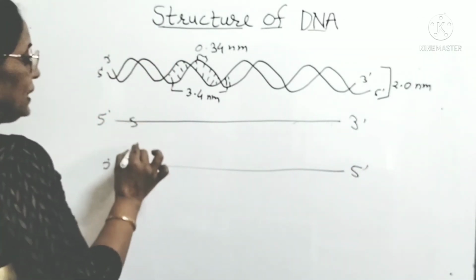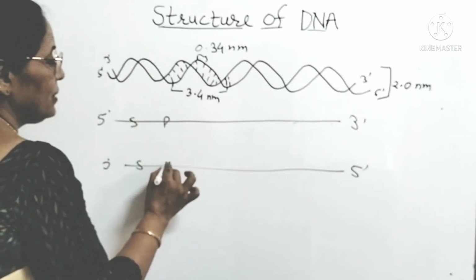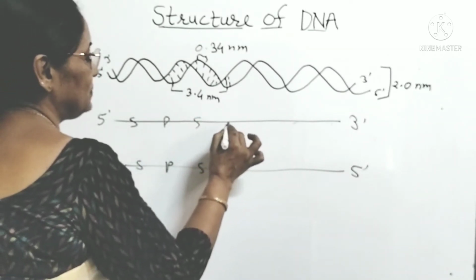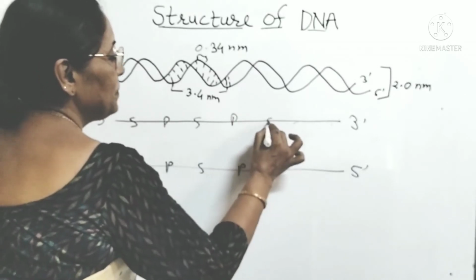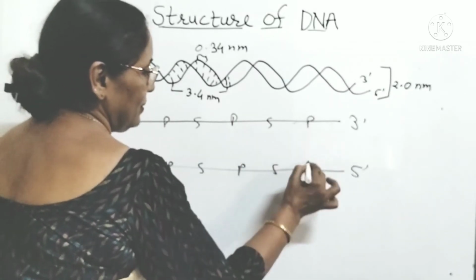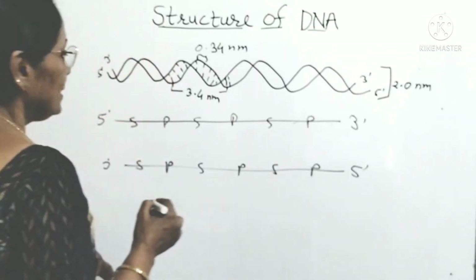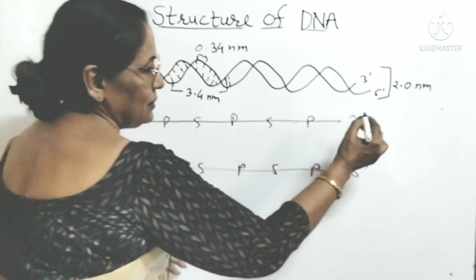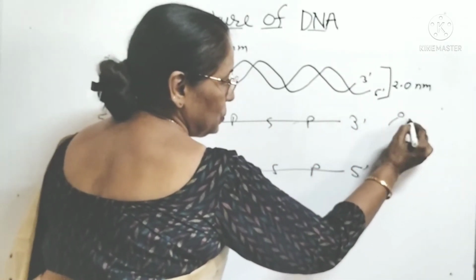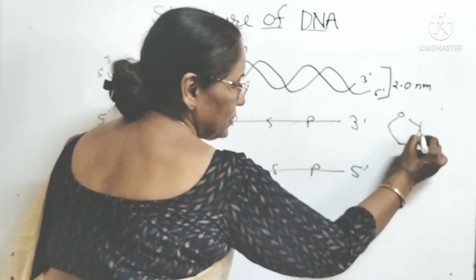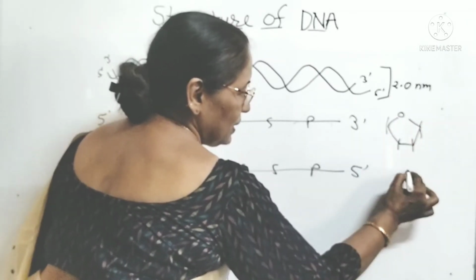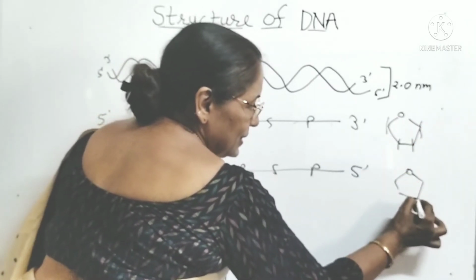So this is sugar, phosphate, alternately they are there. To understand this, here I am drawing two nucleotides joining together, which are forming the DNA strand.